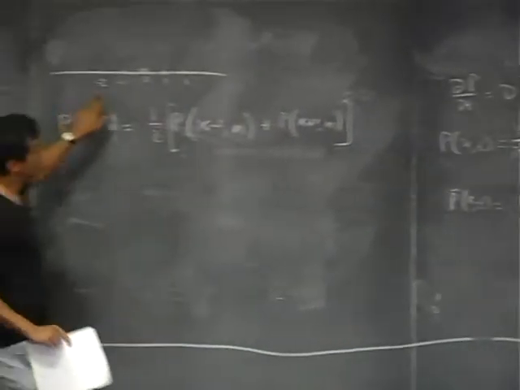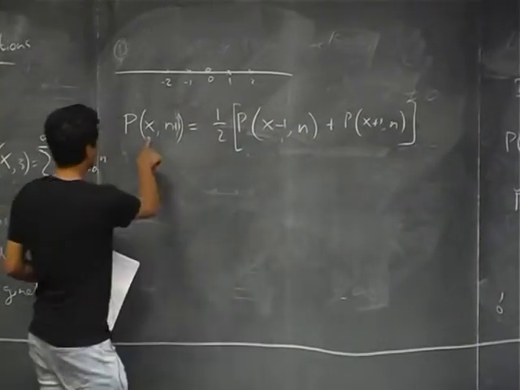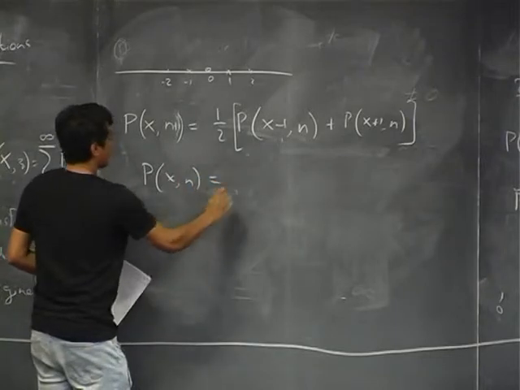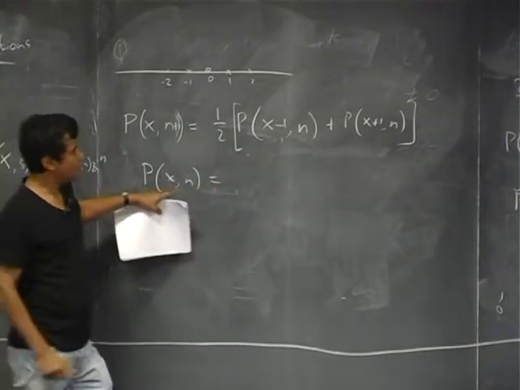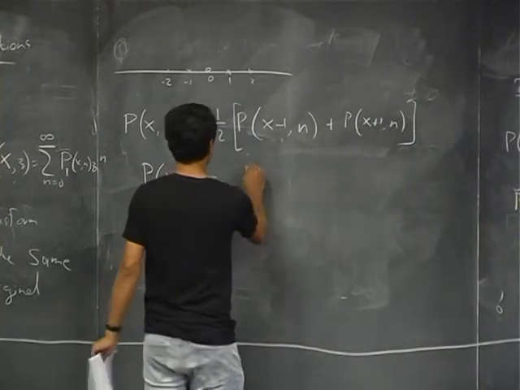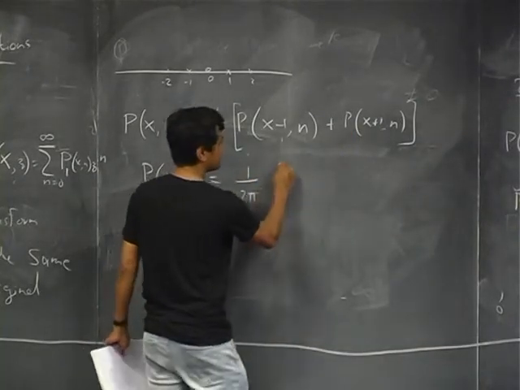So now what is the basis? We want to expand this p of x, n. The basis is not e to the power ikx, so let me just write it.